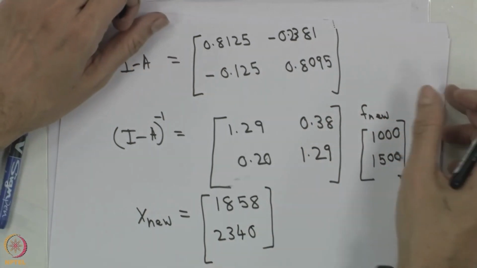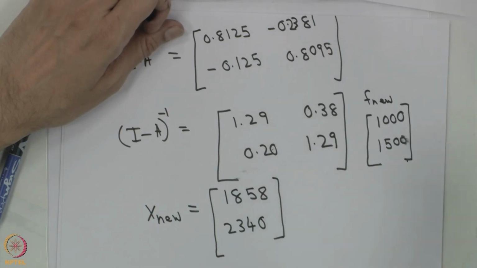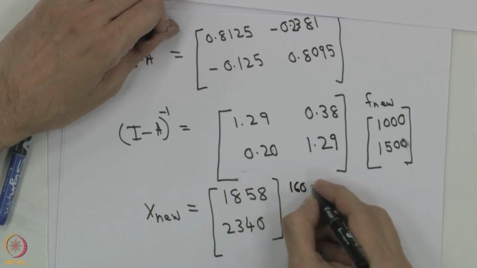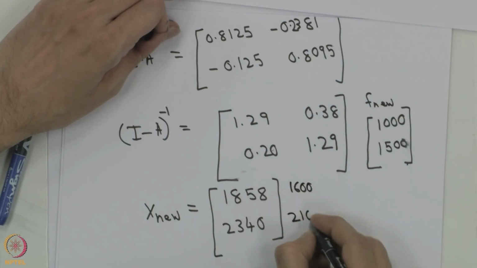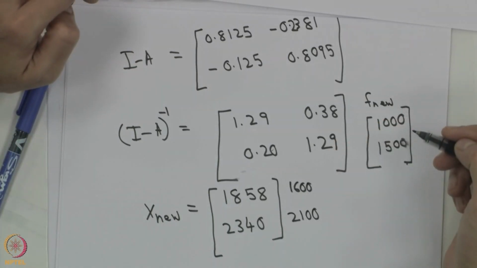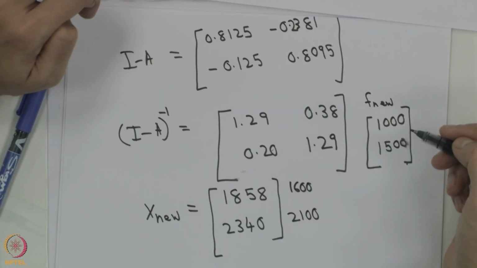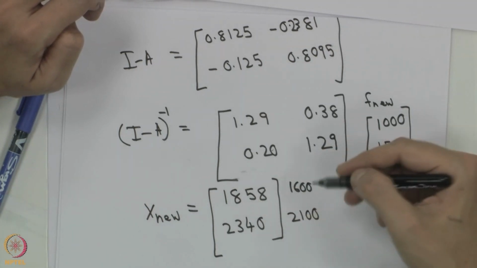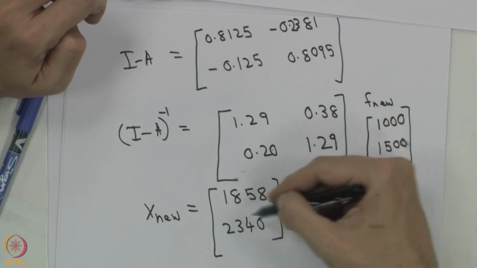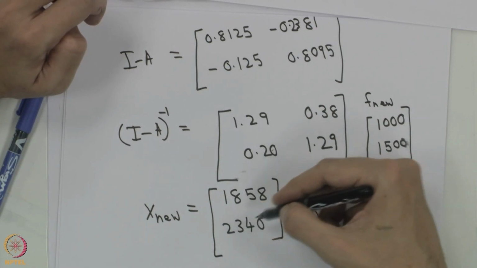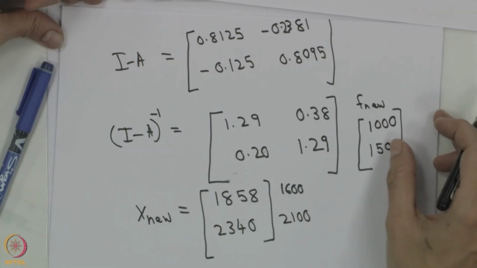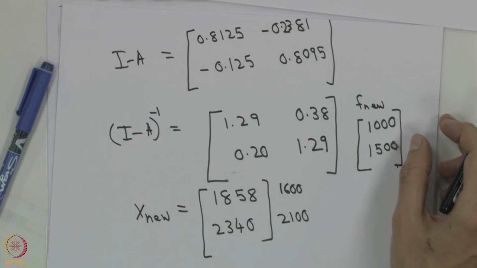Remember, the total output last time was 1600 and 2100. So obviously both of them have increased, and they have increased by different amounts: 258 for agriculture and 240 for manufacturing. Of course, the percentage increase in agriculture is higher.